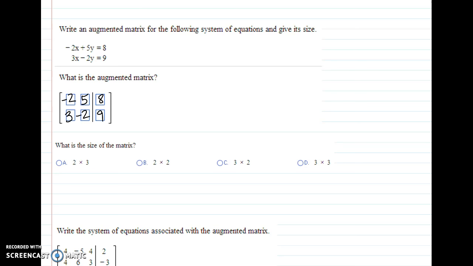So that vertical line basically represents the equal sign in our augmented matrix. We call it augmented because we've taken the matrix of coefficients and augmented on what comes after the equal sign, what each equation equals. And this matrix has 2 rows and 3 columns, so it is a 2 by 3 matrix.